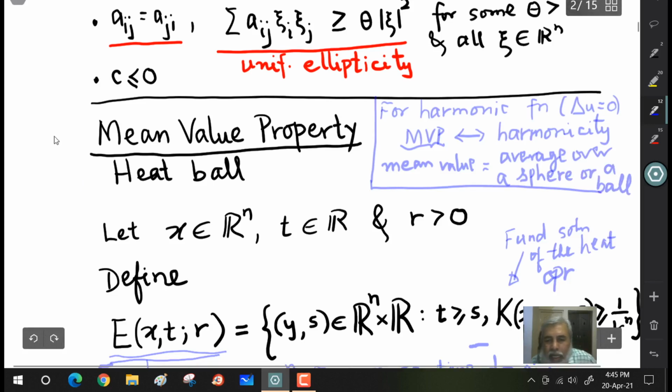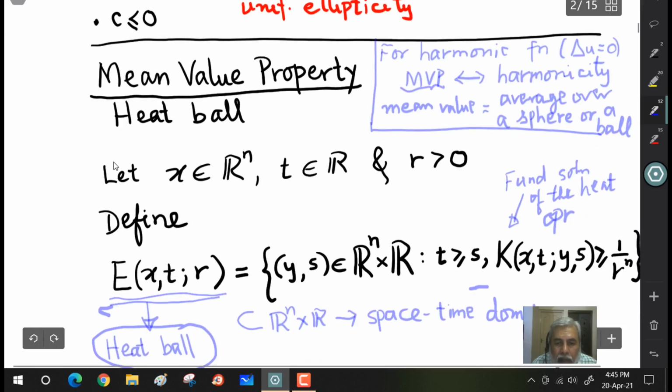Obviously here we cannot take a surface or a ball in Rn plus 1 because there is no ellipticity here. There is a lack of one derivative here. The Laplacian is only first order in time, so we cannot expect that.